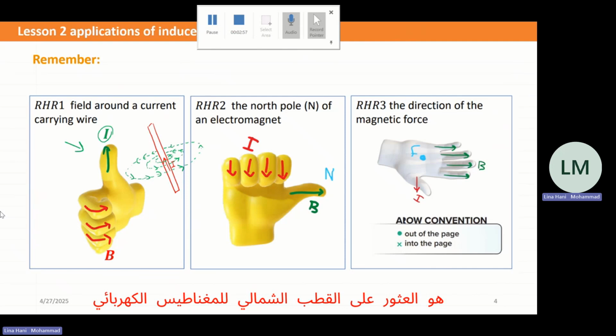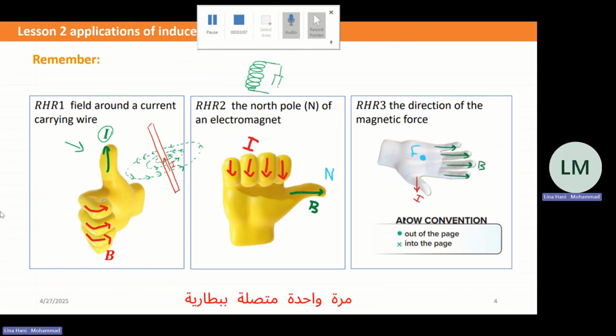The second right-hand rule we talked about in term 1 is to find the north pole of an electromagnet. Remember, an electromagnet is a coil of wire that is connected to a battery. Once it's connected to a battery, current will start to flow in the wire, and this coiled wire will become an electromagnet. That means it gains magnetic powers.